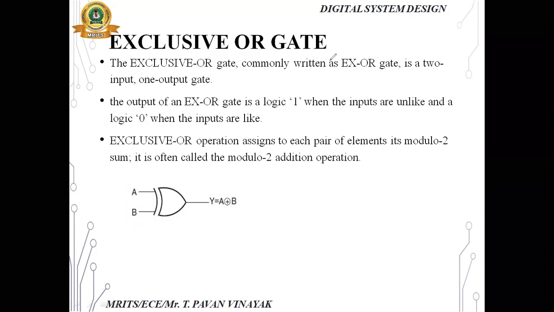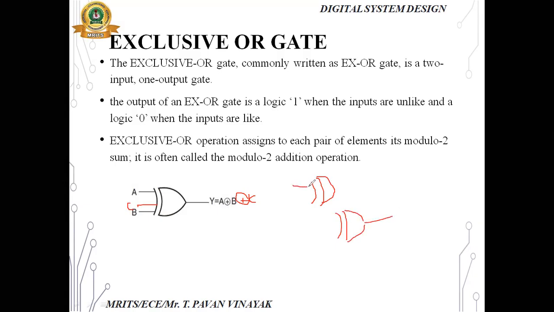So if I want three input XOR, it means A XOR B XOR C. Then put one more input. Okay, like this. Or you can use two XOR gates. Similarly as in the previous way.